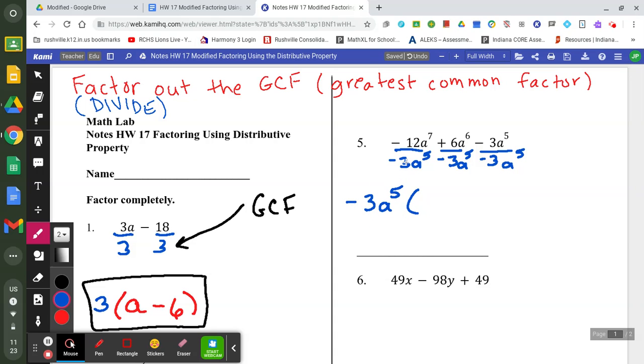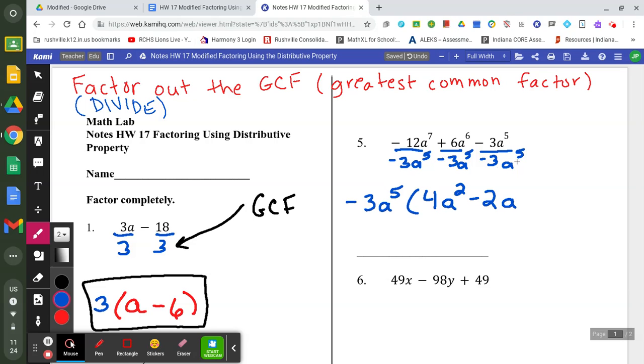Negative 12 divided by negative 3 is a positive 4. a to the 7th divided by a to the 5th, I subtract those exponents, so a to the 2nd. Positive 6 divided by negative 3 is a negative 2. a to the 6th divided by a to the 5th is just a. And then this is a little tricky. Negative 3 divided by negative 3 cancels.